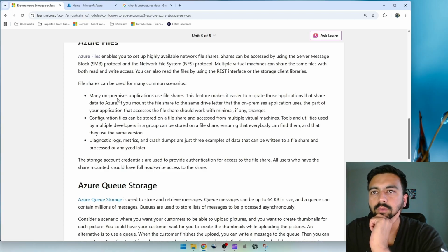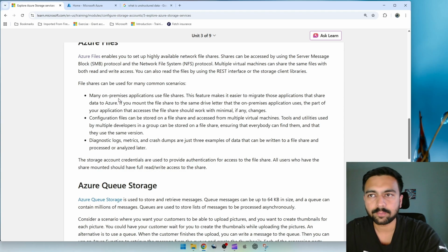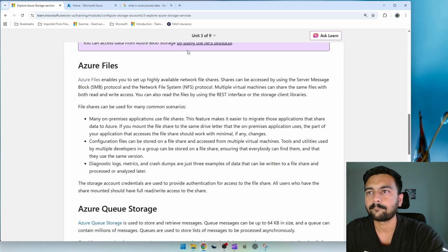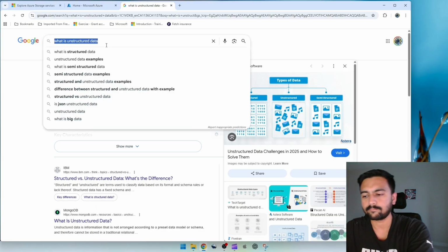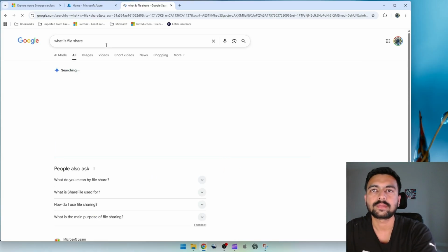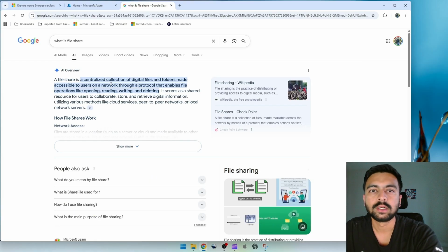So if you have an on-prem app which is using file share, and file shares are basically, let me simplify it for you even more, a centralized collection of digital files on a network through a protocol that enables file operations like opening, reading, and deleting.